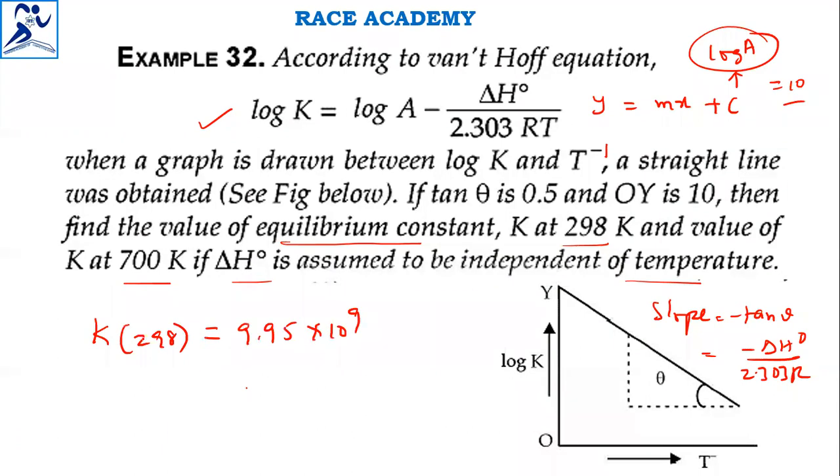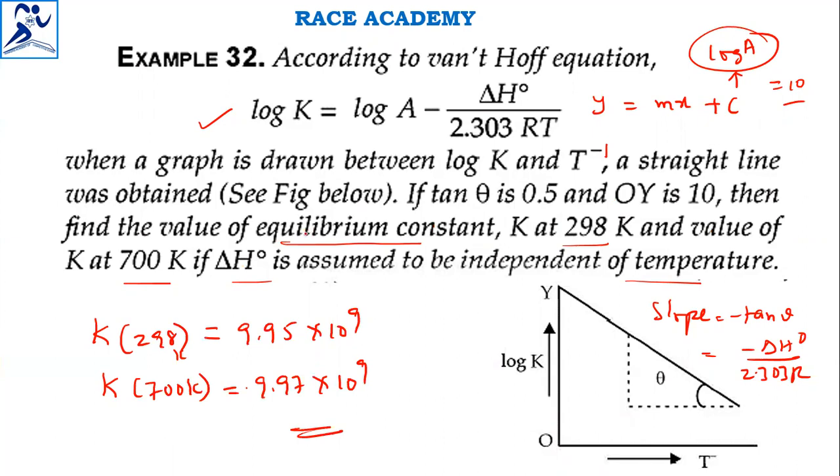Delta H value I have already told you. And the equilibrium constant at 700 Kelvin is 9.97 into 10 to the power of 9. So these two values we have calculated from the problem.